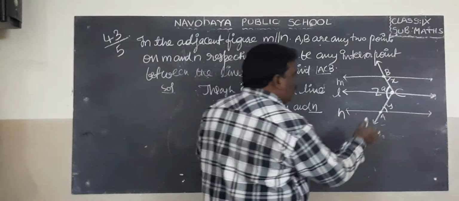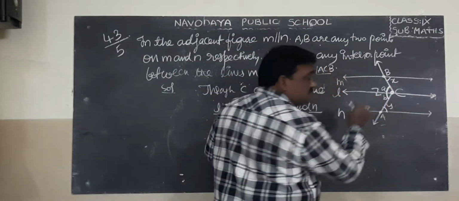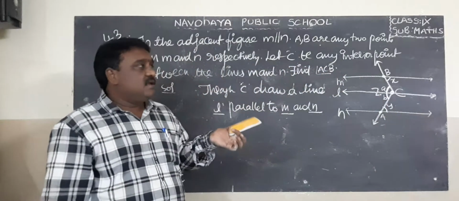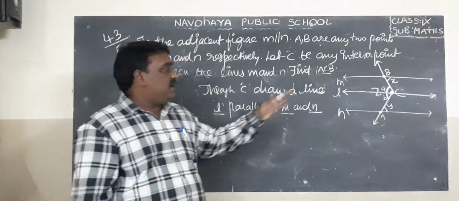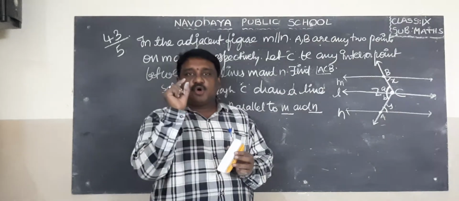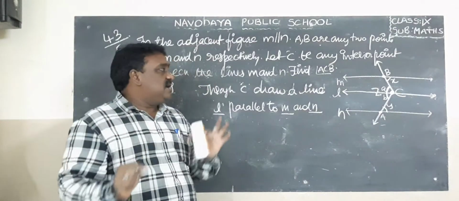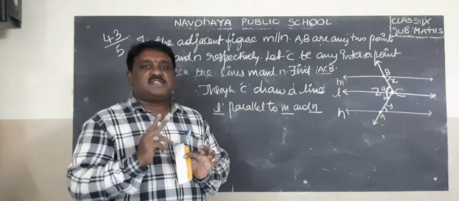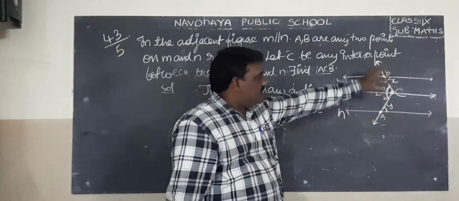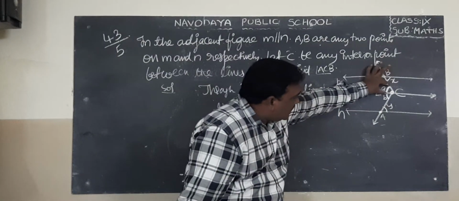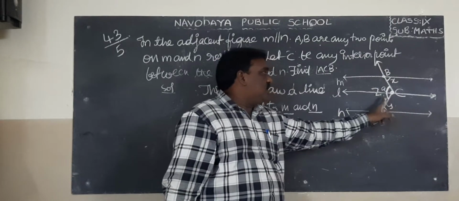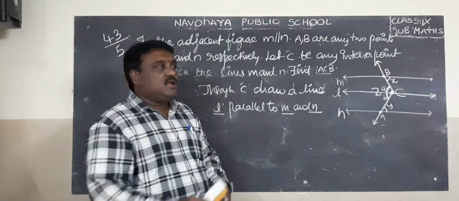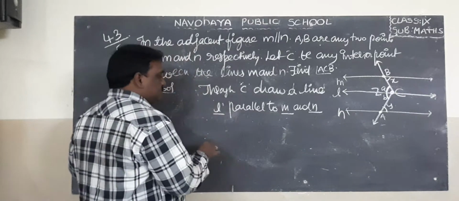Then the down part is small b. So because of the line L, the total angle at C is divided into two parts. First part small a, second part small b. Total Z. Okay? Now see the diagram.